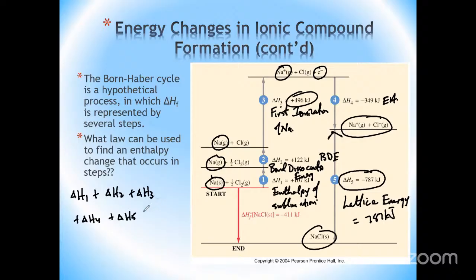All of that added together would be equal to delta Hf. So going from here, through all these values around here, would be equal to going from here directly to here. If you put all these numbers into this equation, you'll see that all these added up will be equal to minus 411 kilojoules. So that's basically how the Born-Haber cycle works.